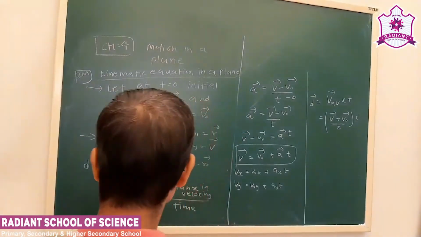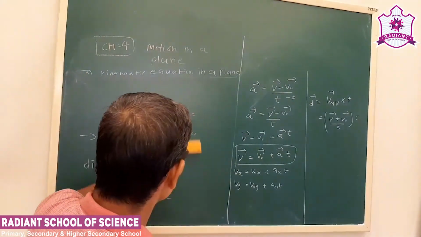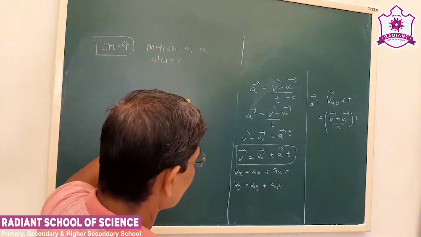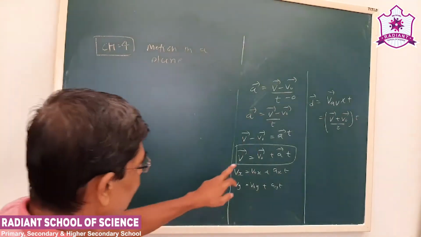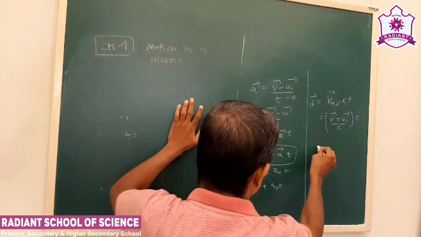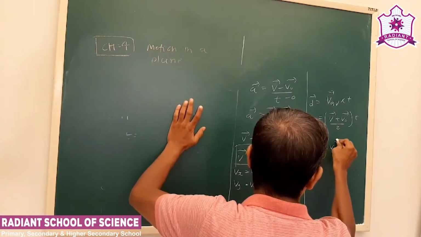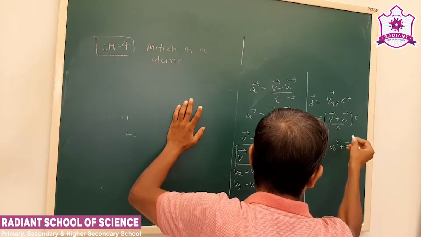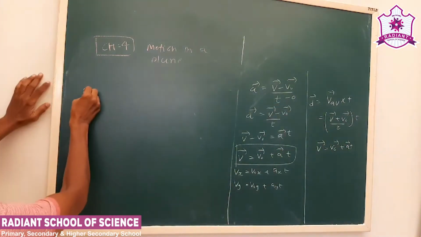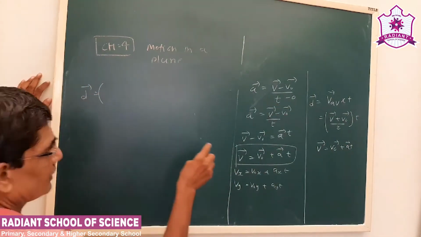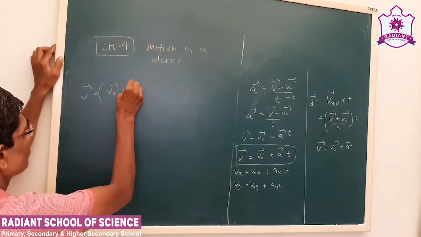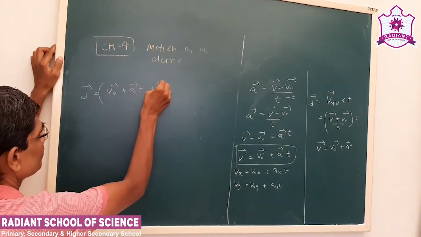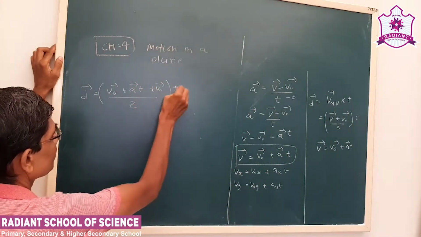Now the displacement is average velocity into time. Now we substitute the value here. We substitute v as v0 plus at, plus v0, into t.